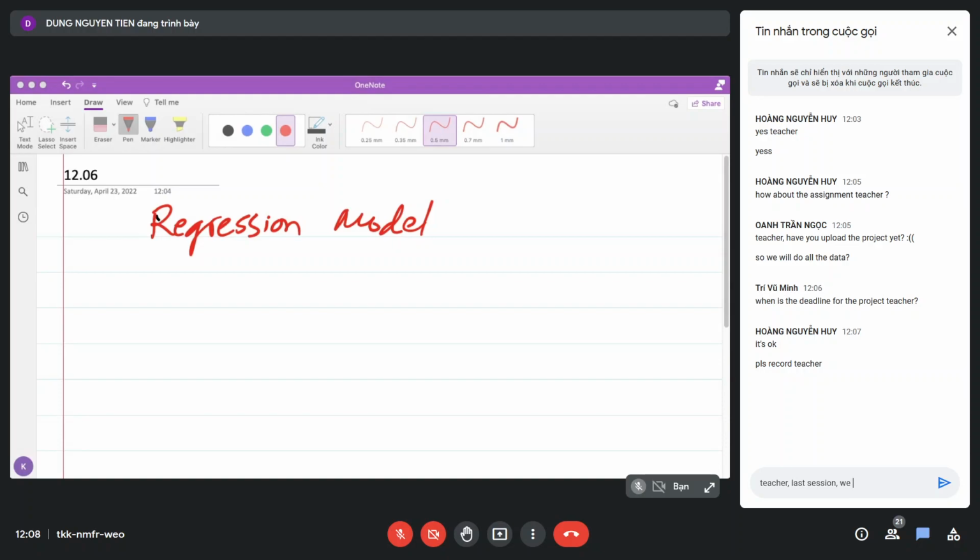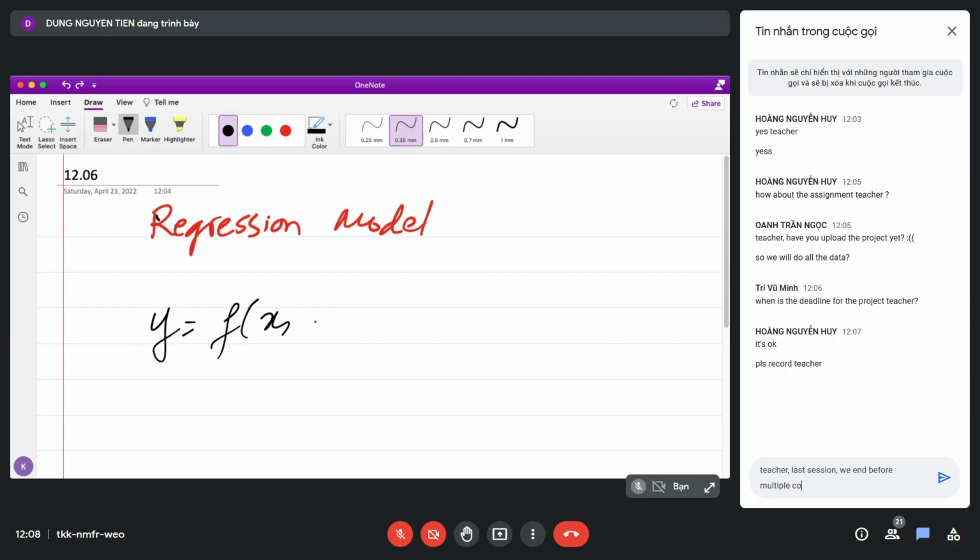What is that about? You can think about a function y equals f of x. In this case, if f is a linear function, you call it a linear model. If f is a nonlinear function, you call it a nonlinear regression model.